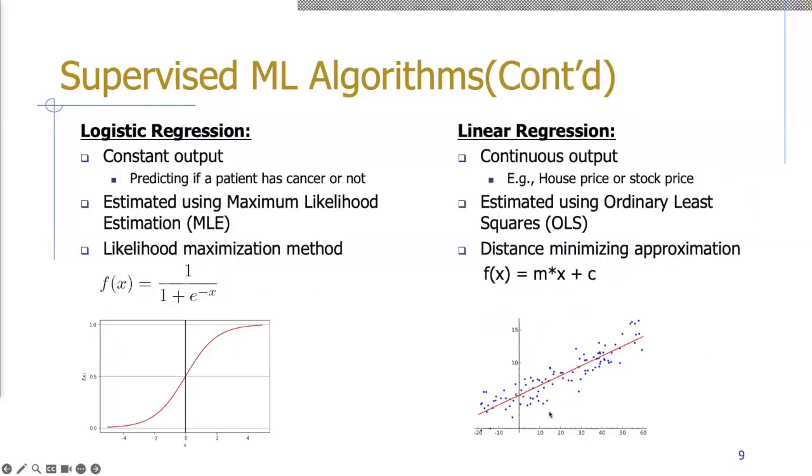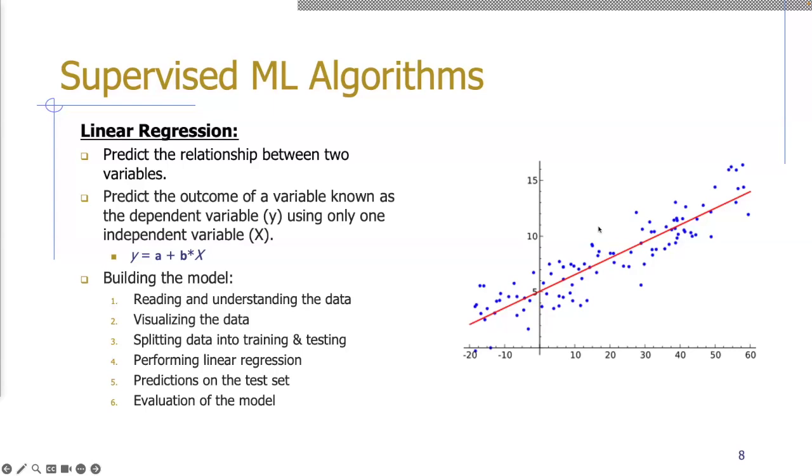Each data point here is an x, y pair, which you put in parentheses, for example, 20 comma 8.